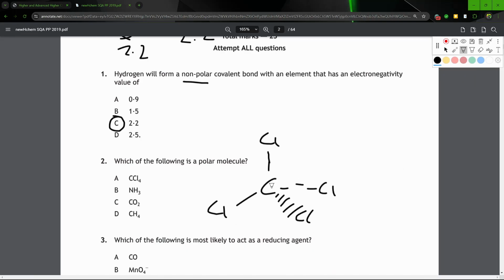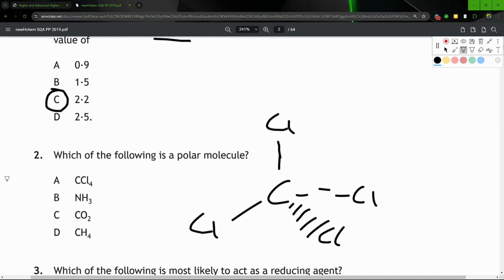Right, and if you look at this, all these chlorine atoms kind of balance each other out. It's equal all around, so there's no one direction that the dipole would go to. So you know if you're pulling on an object in all directions, it's not going to move. So that means that this is not a polar molecule because it's symmetric.